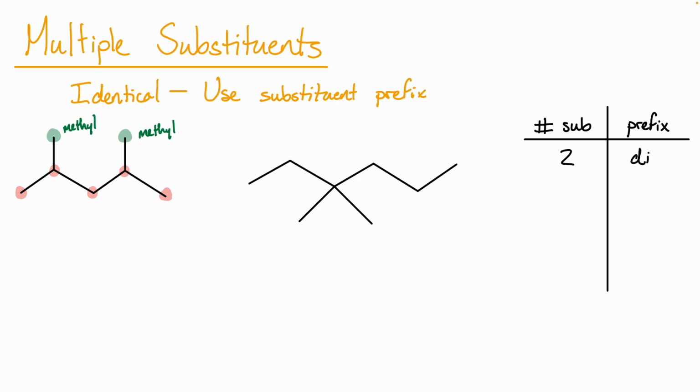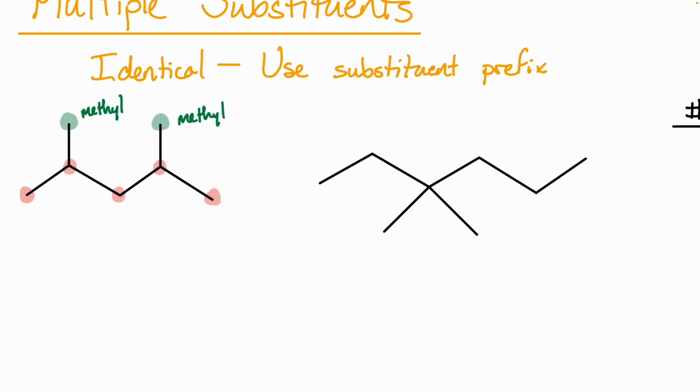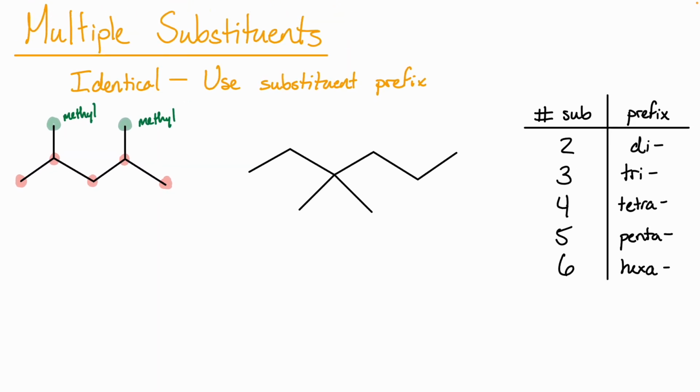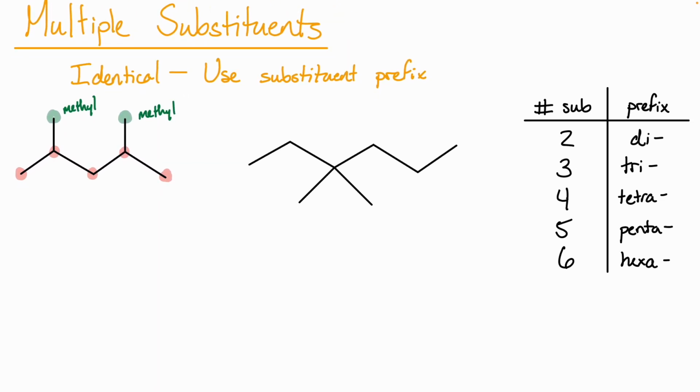If you have 2, it's di. 3 is tri. 4 is tetra. 5 is penta. 6 is hexa, and it keeps on going from there, but that's all we're going to need. Okay, so when I have these 2 methyl groups, I'm not just going to say methyl in the name. I'm going to say dimethyl because there's 2 of them.